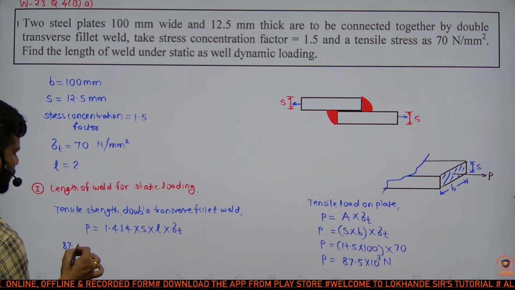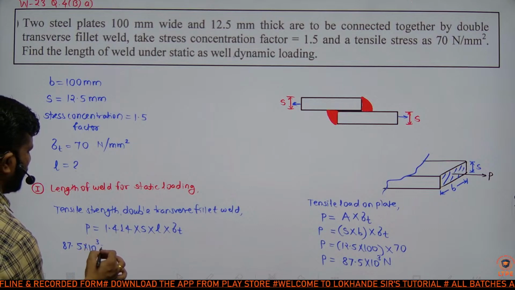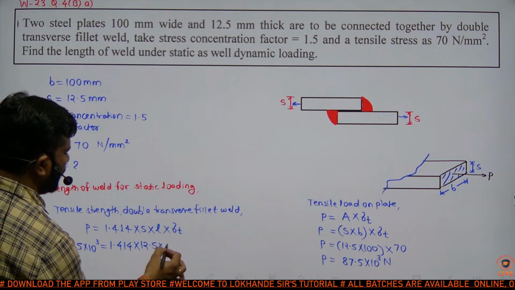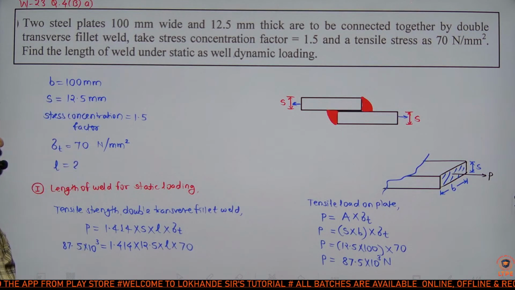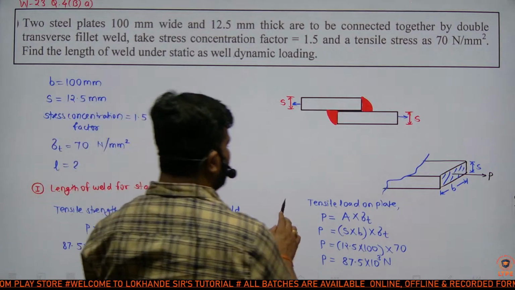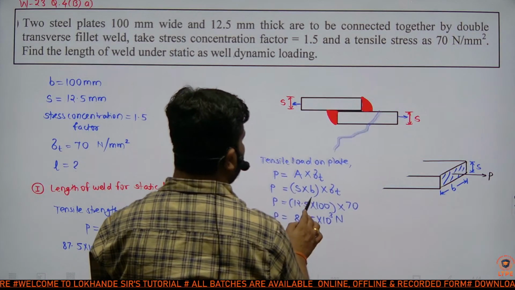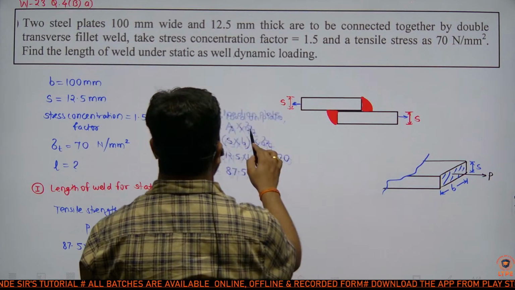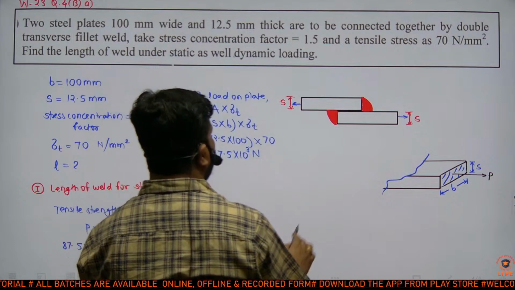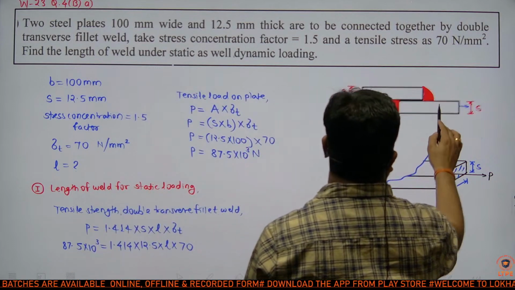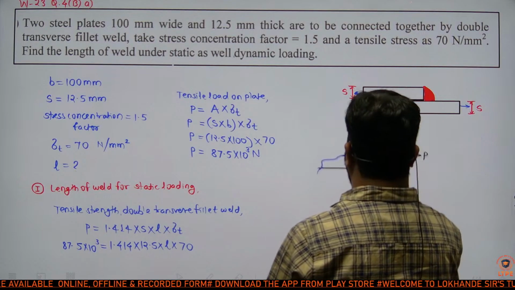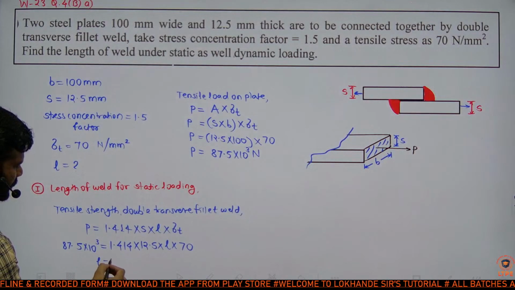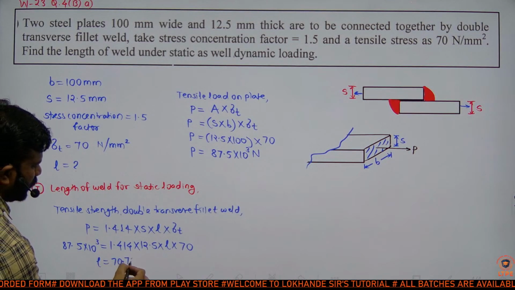So 87.5 into 10 to the power 3 equals 1.414 into 12.5 into L into sigma T. From that, design L. L is equal to 70.72. Correct? 70.72 is the correct answer.